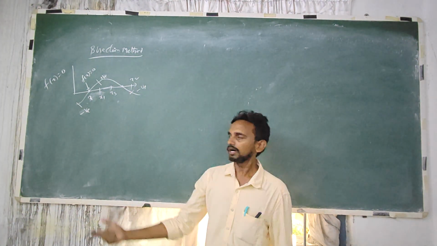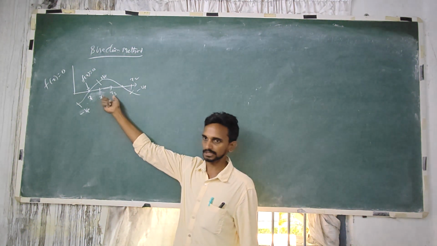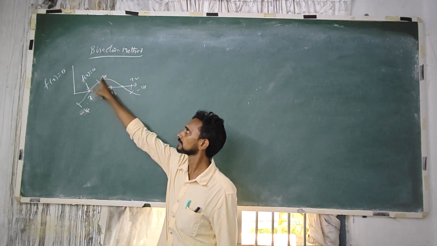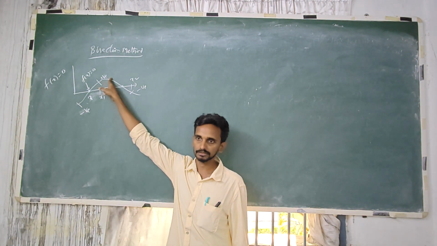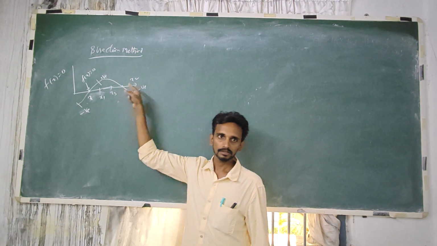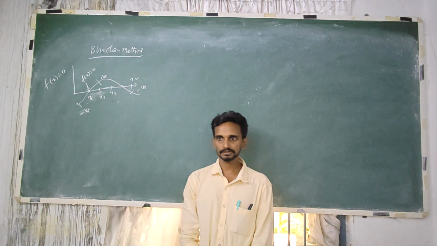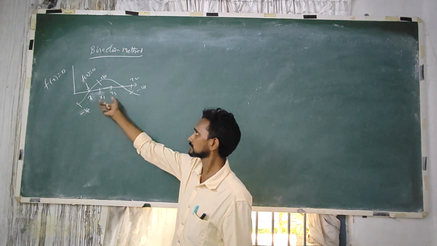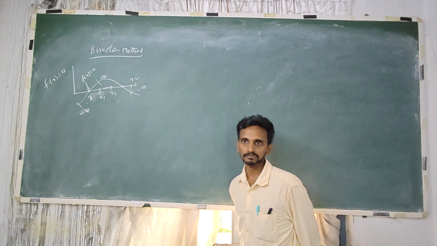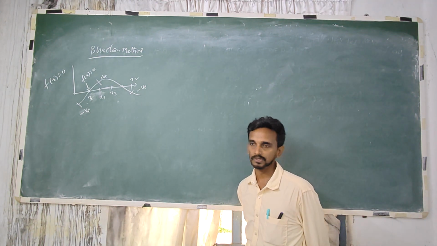Now I will exclude the interval x1 to x3, because in that portion the function has the same positive sign at both ends. Whereas in the interval x2 to x3, the function sign changes. So I will exclude x1, x3 and keep x2, x3 as the interval.